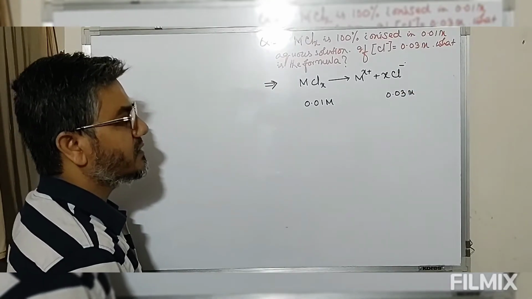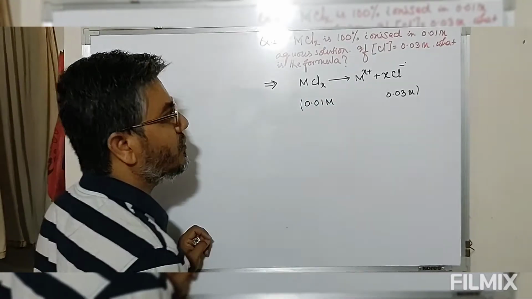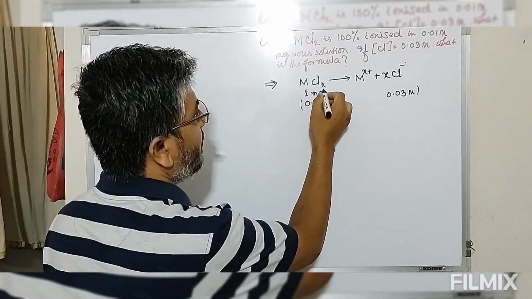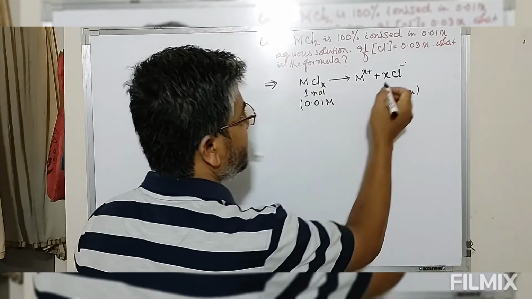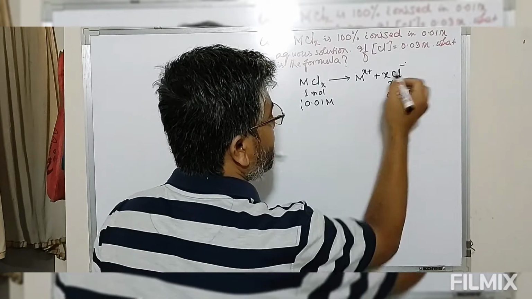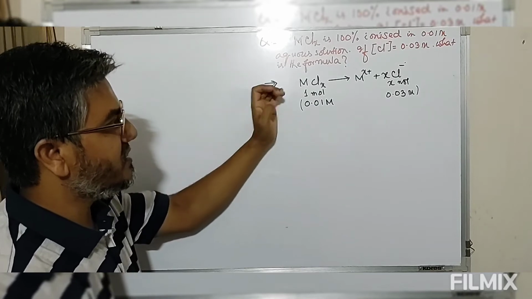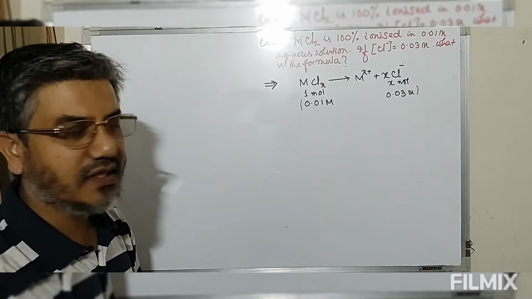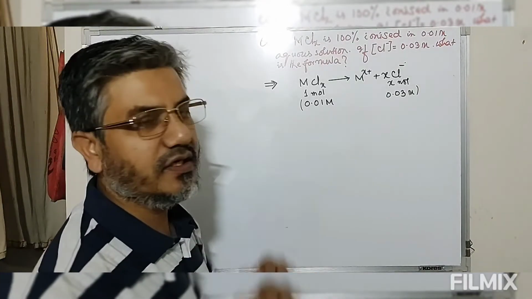If you look at the molar ratio, 1 mole of this MClX gives you X moles of Cl minus. That means if I take 1 mole of MClX, this will always give you X moles of Cl minus. Let the volume of the solution be V, here 1 liter.